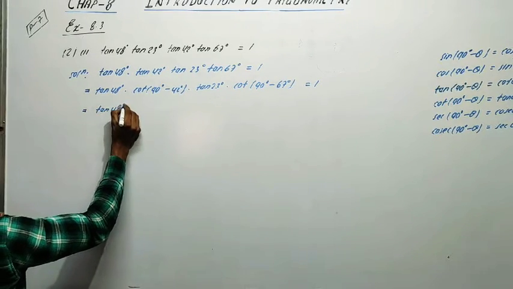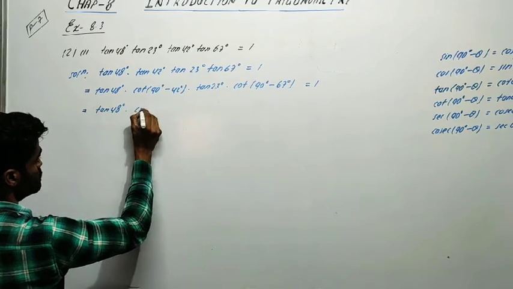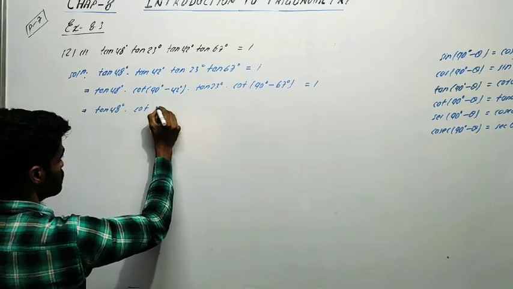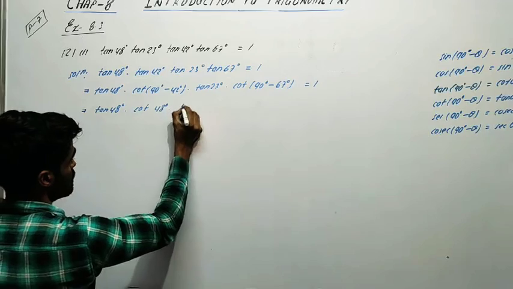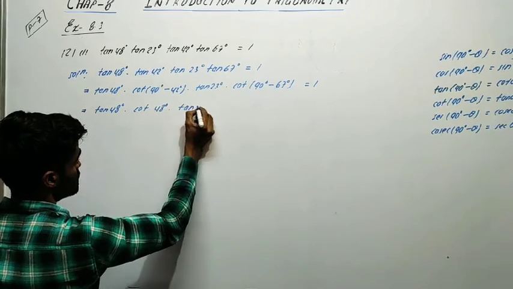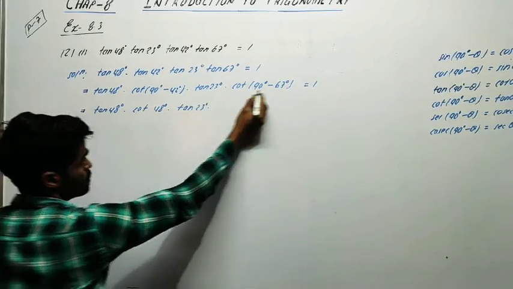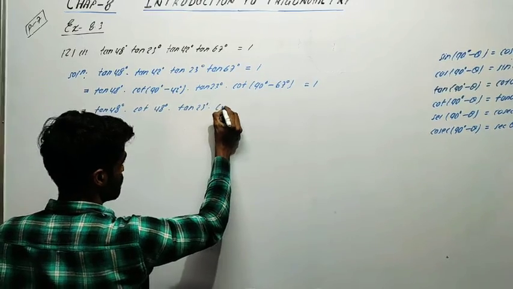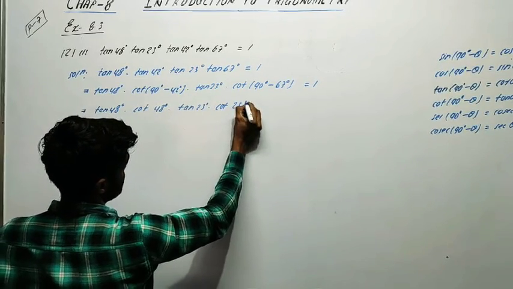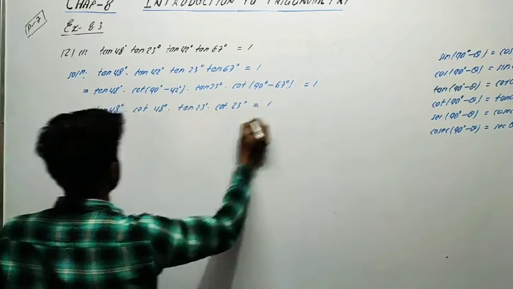So tan 48 degree into cot 90 minus 42, that is 48 degree, into tan 23 degree into cot 90 minus 67 degree, that is cot 23 degree, is equal to 1.